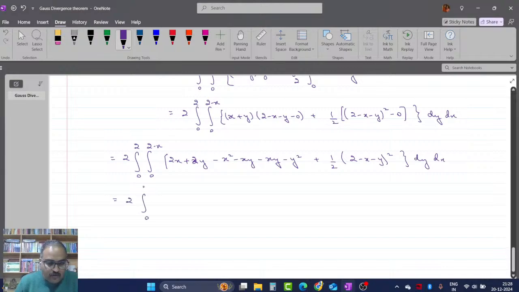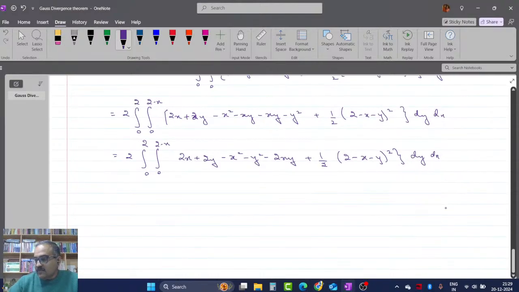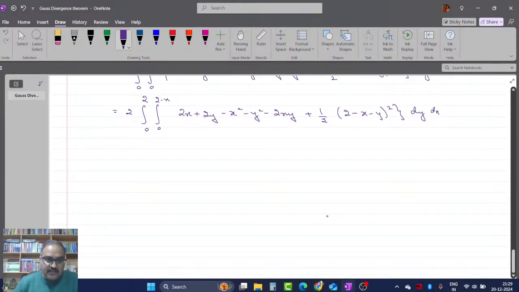2 times the integral 0 to 2, 0 to 2 minus x. So what will the output be? The output will be 2x plus 2y minus x square minus y square minus 2xy plus 1 by 2 (2 minus x minus y) whole square, dy and dx. Okay. Now I just need to integrate with respect to y. That is the second last step for this part.